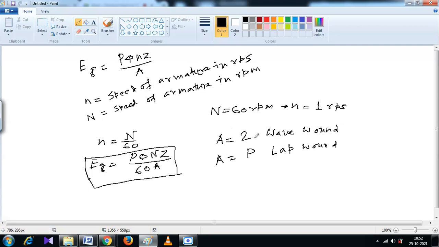If the value of A is 2, then this type of machine is called wave wound. And if the value of A is equal to the number of poles, then this type of machine is called lap wound. Have you got my point?